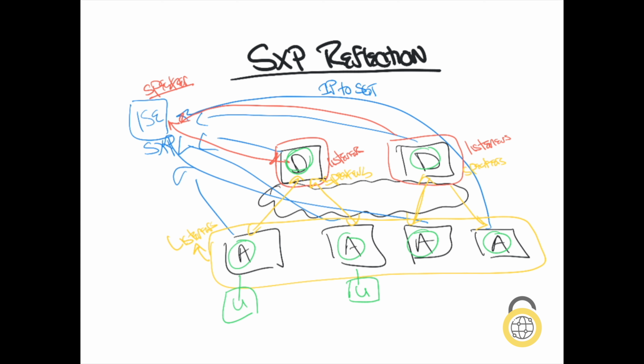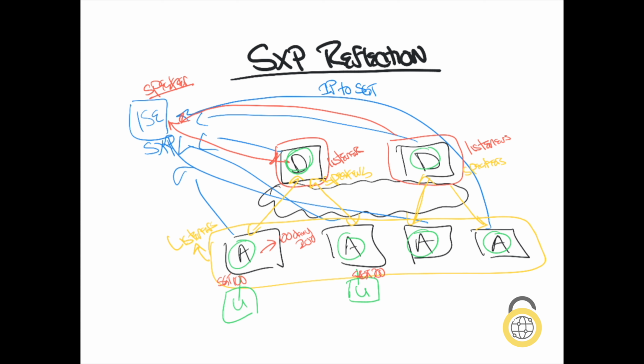In order for me to enforce a policy between, say this was SGT tag 100, and say this was SGT 200, you would have a policy here that says 100 is denied to 200.